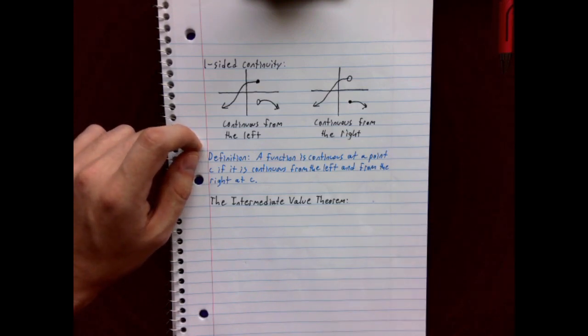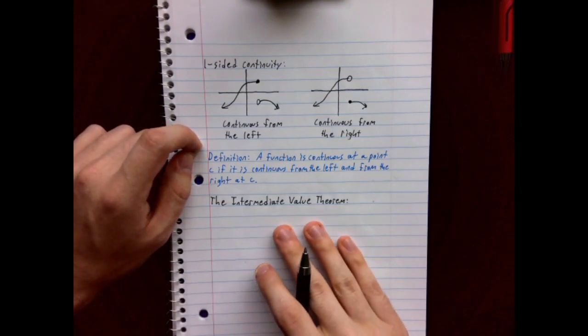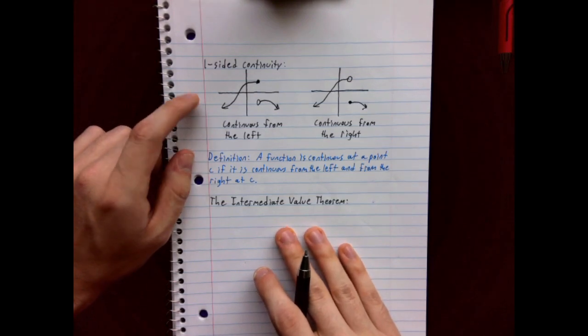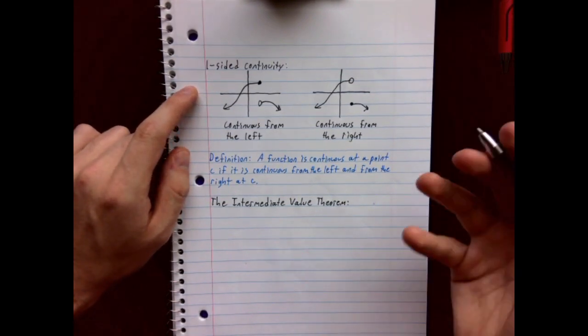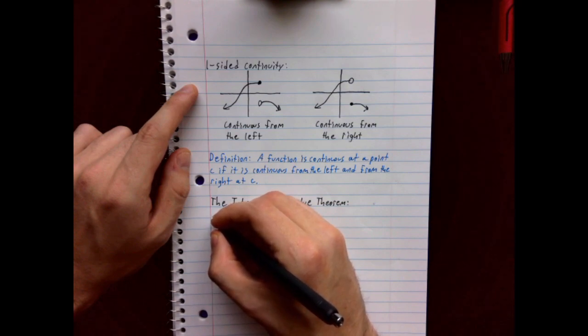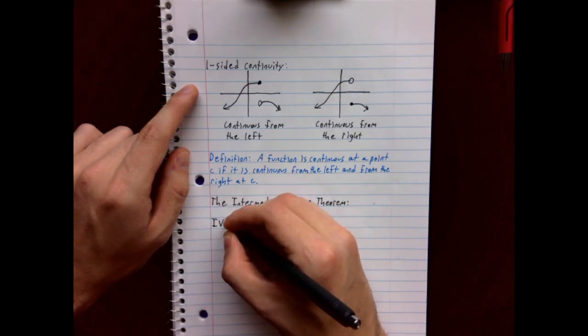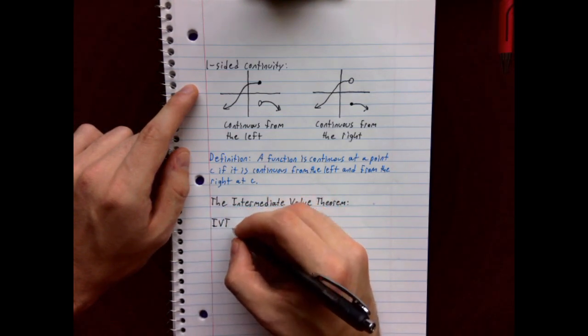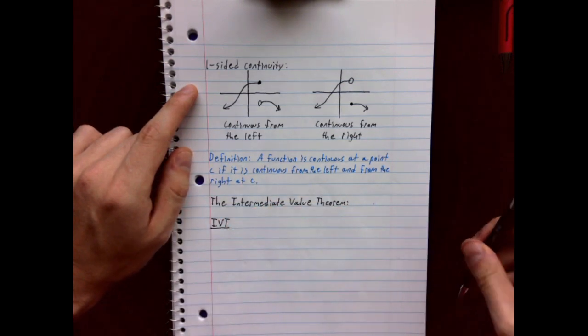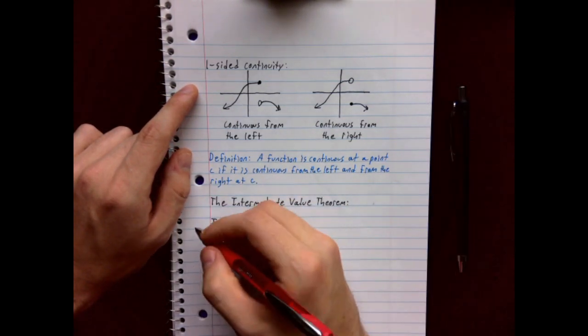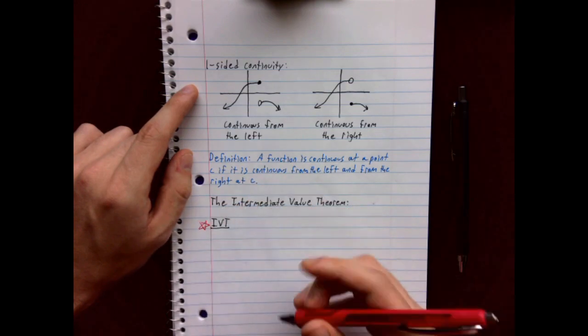So what does the intermediate value theorem say? Maybe let's write out the statement of the theorem, and then we can talk about what it's actually saying. So I'm just going to abbreviate this from now on, IVT, for intermediate value theorem. And I'm actually going to put a red star next to this because this is important to know.